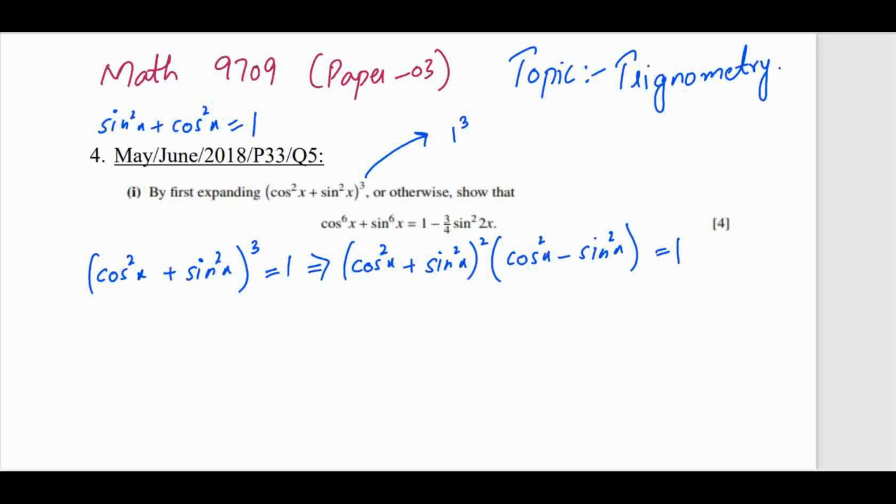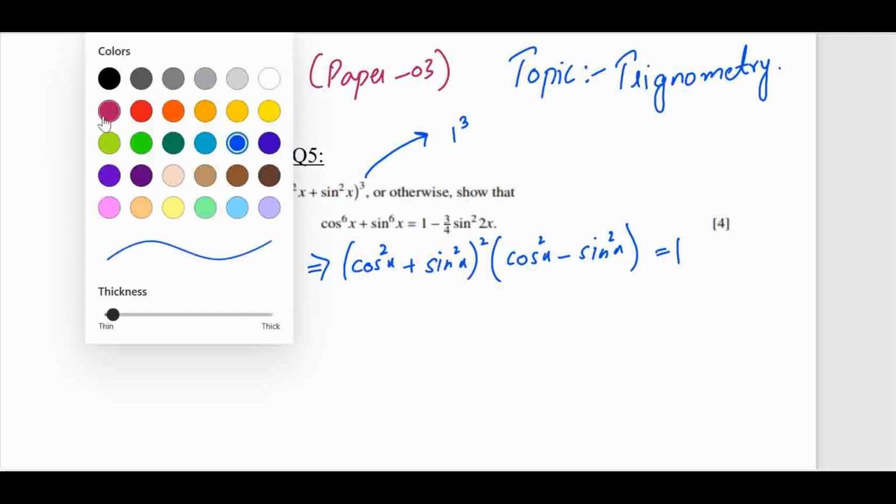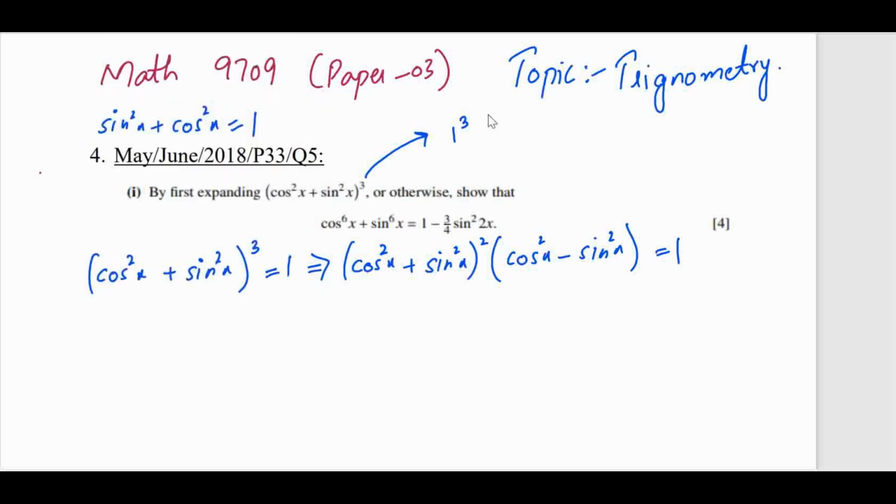Now the next step is we have to use the identity that (a plus b) whole square is equal to a square plus 2ab plus b square.